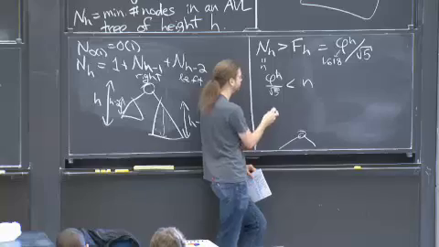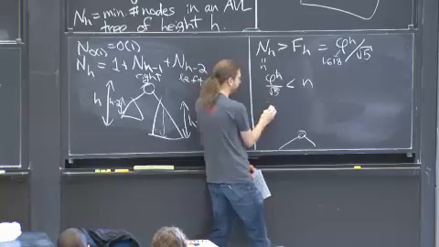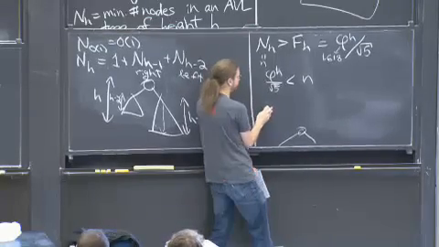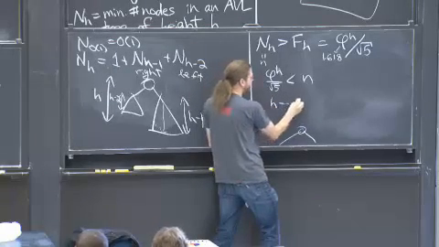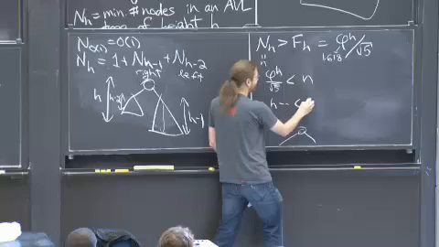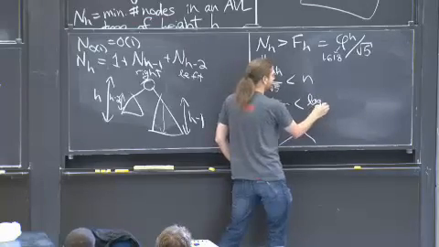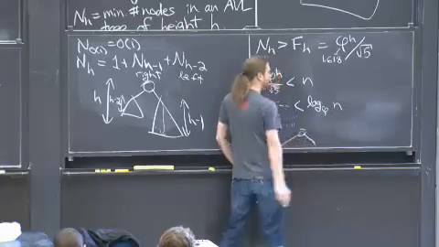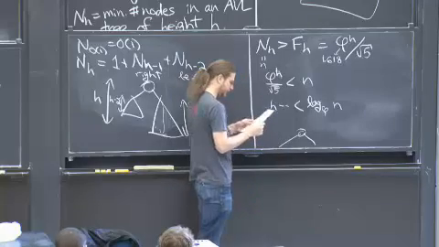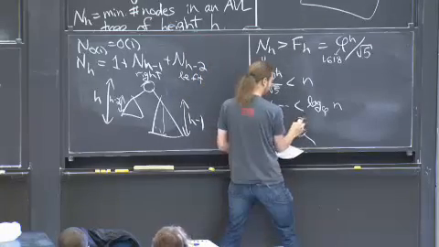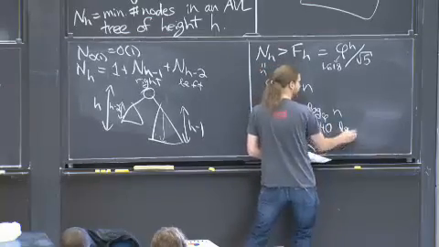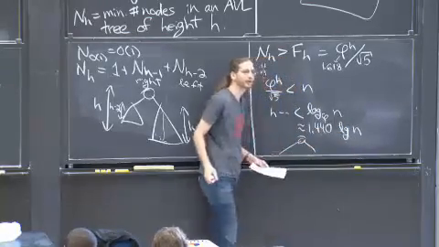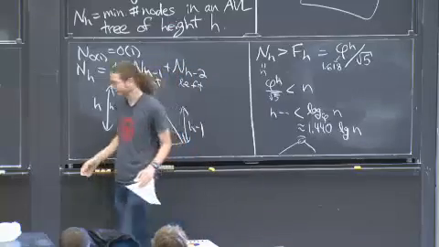Seems like a good thing to do. This is actually quite annoying. I've got h minus a tiny little thing is less than log base phi of n. And I will tell you that is about 1.440 times log base 2 of n. Because after all, log base 2 is what computer scientists care about.